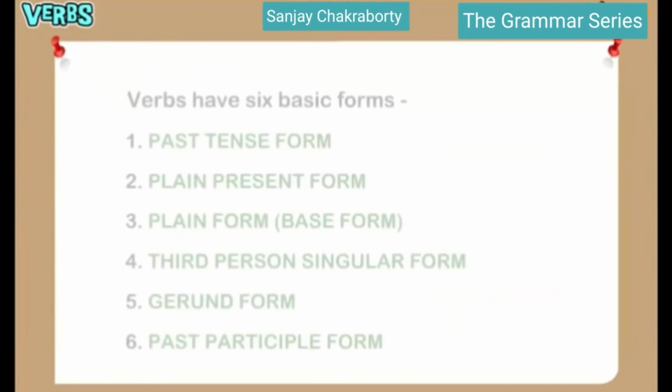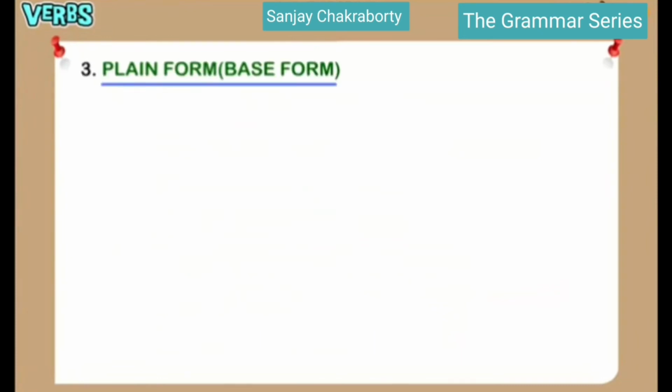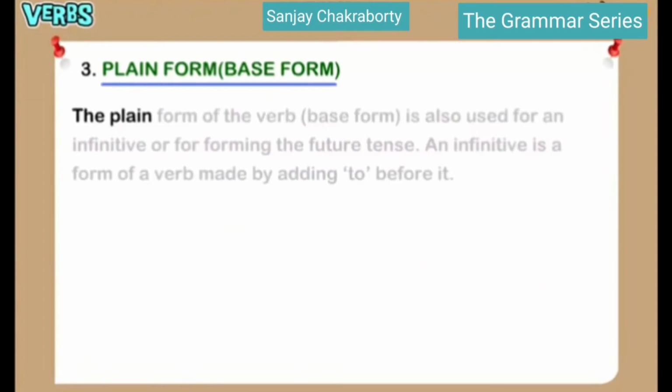One other important thing that you have to remember is, this plain form is also called base form. It is used for an infinitive or for forming the future tense. This has to be important. That is why I have highlighted this with blue ink.